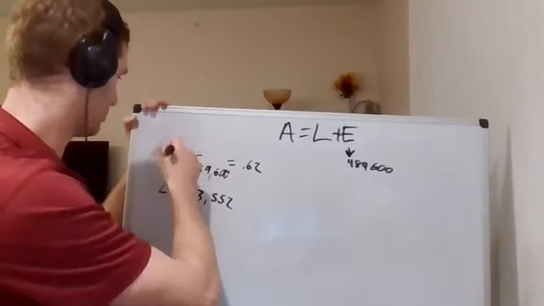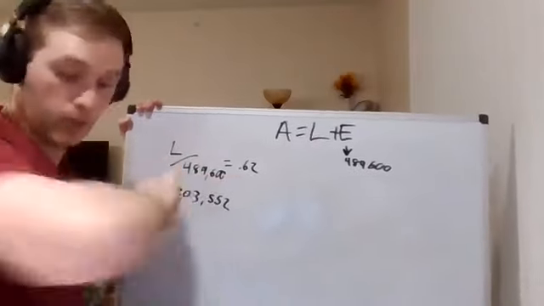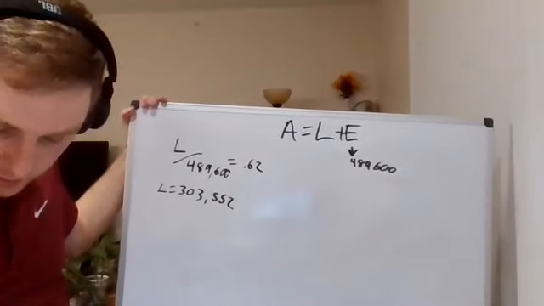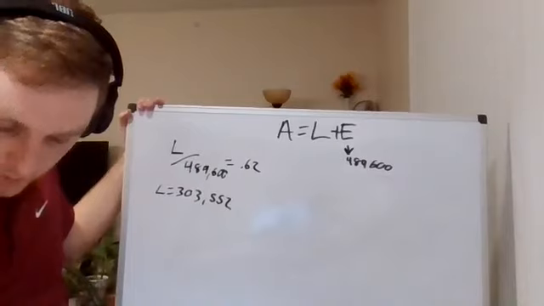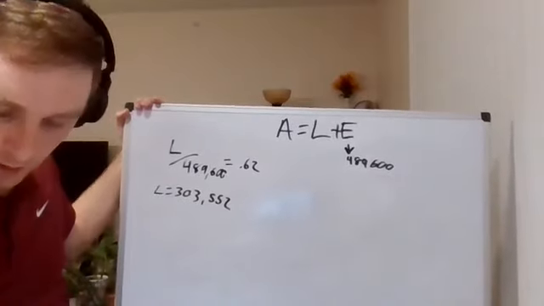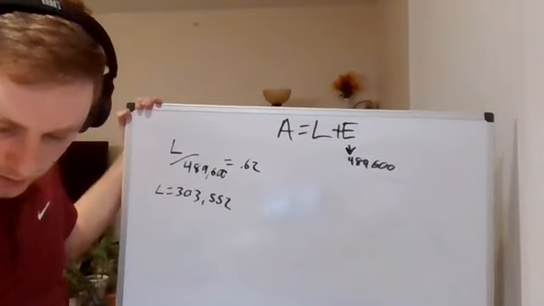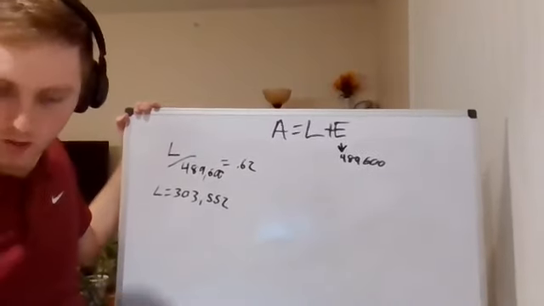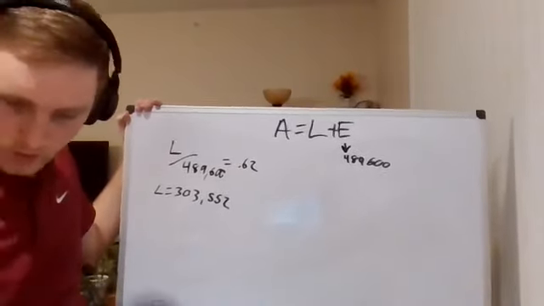Again, we just multiplied each side by this to move it over and get L by itself. And we can check that by plugging it in: 303,552 divided by 489,600 equals 0.62.